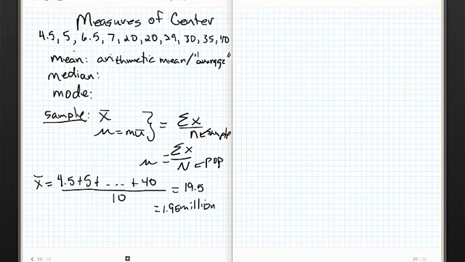When you have individual data points like this, it gets a little crazy, especially when you've got this great spread of data. I mean, look at this. We start at 450,000. We go all the way up to 4 million. It's going to be really hard to find a measure of center that is representative of the majority of this data, unless all of these middle numbers right here were clustered around 1.95 or 19.5.